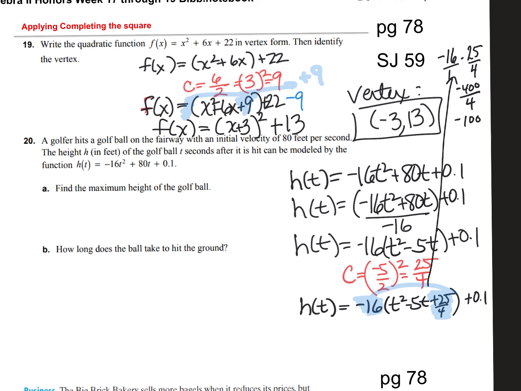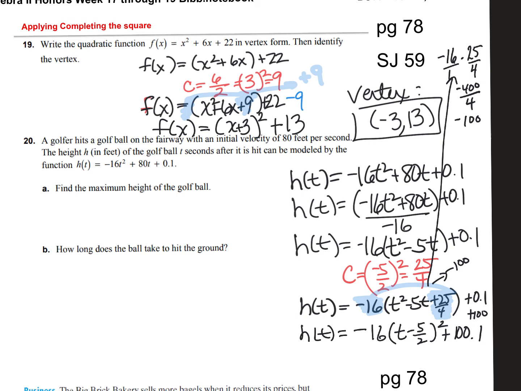So technically, I subtracted 100. So I add 100 to make it balanced. I'm going to have h of t equals negative 16 times the quantity t minus 5/2 squared plus 100.1.